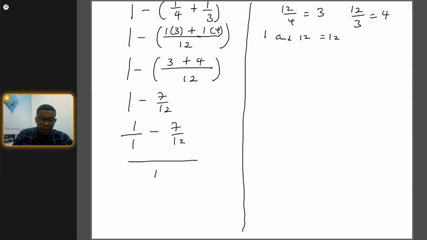Divide this 12 by the first denominator, which is 1. So we have 12 as the response in brackets, then the 1 which serves as the denominator, minus 12 divided by 12 now.